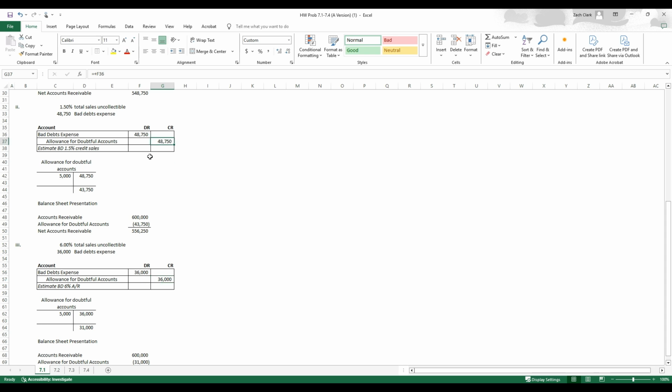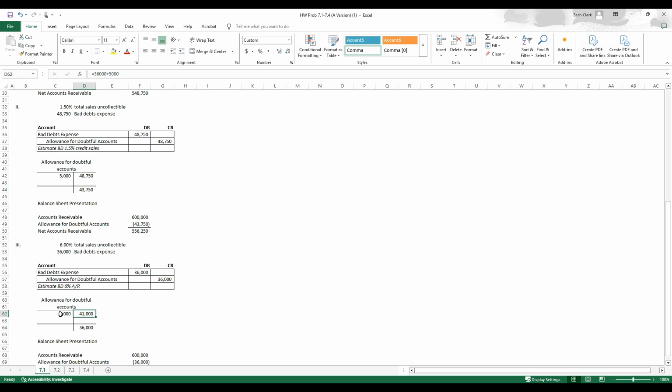With the sales method, we just add whatever we calculate in, and it ends up less because we already had a debit balance. But here, regardless of the debit balance, we want this to be 36,000. We want it to end at 36,000. So that means that our journal entry is not like this, but instead it's 36,000 plus 5,000, because we've got to get the 5,000 to zero that out first.